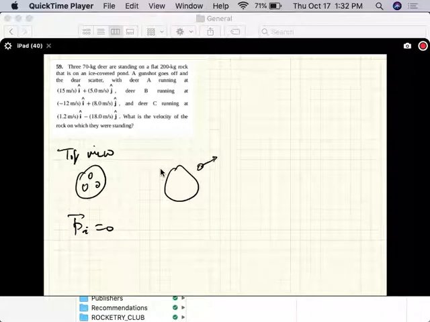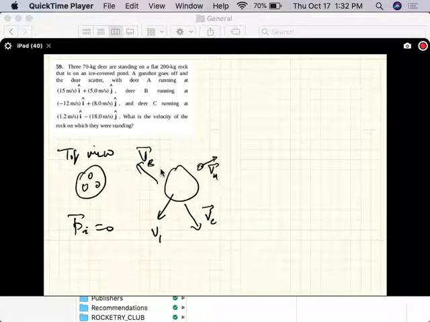One deer goes off like that, B, and C goes in that direction. And let's say the rock goes off in this direction. Okay, the initial momentum is 0, so the final momentum should be 0.